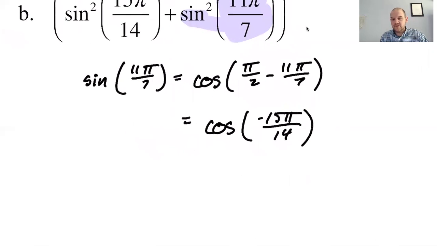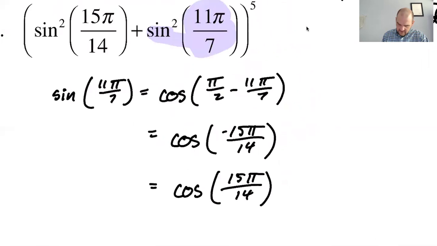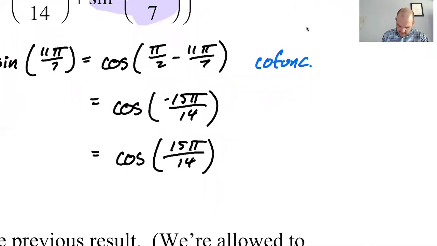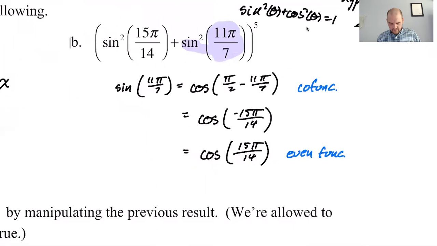But cosine's an even function. So since cosine's even, the cosine of negative 15 pi over 14 is the same as the cosine of 15 pi over 14. So let's annotate this. This is by cofunction, and this is because of even function. So we got a lot going on there.